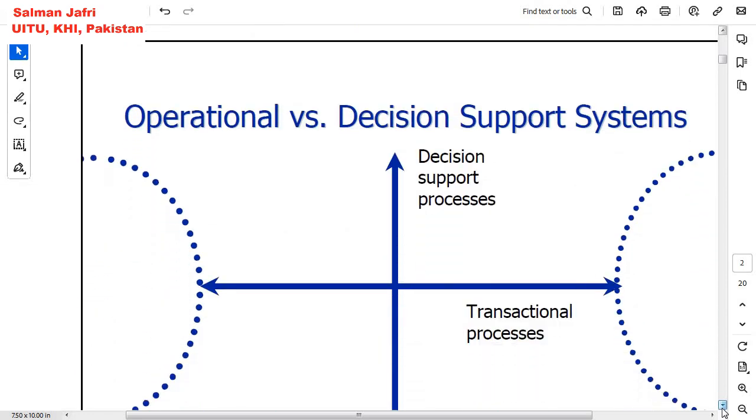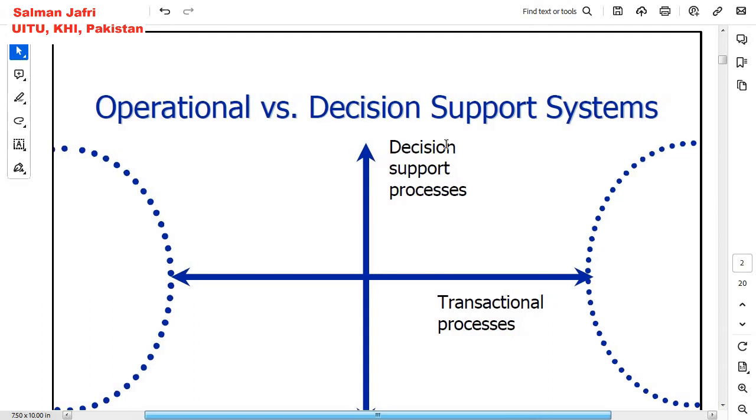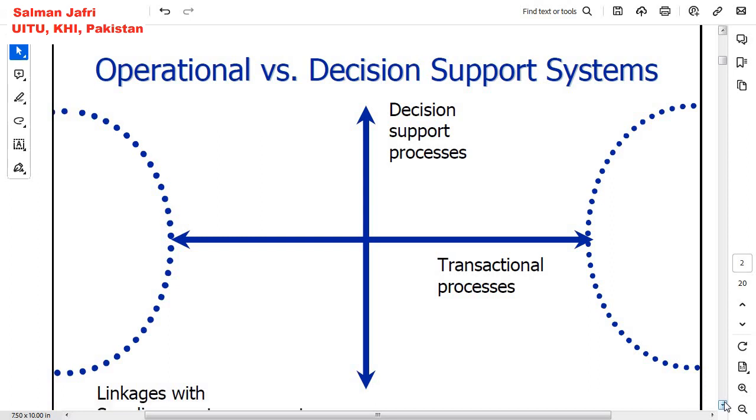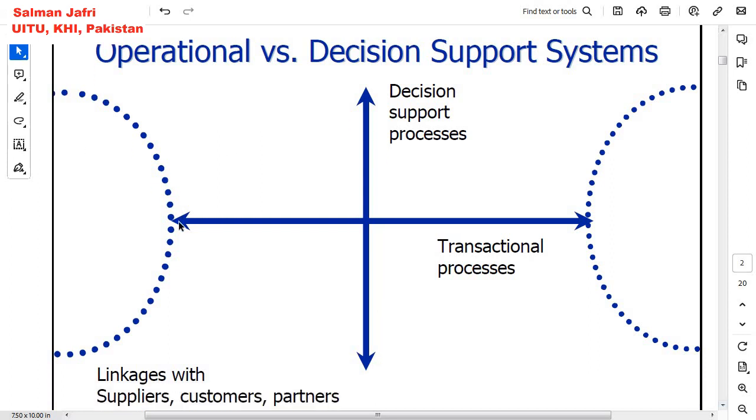So first of all, we'll take a look at basically the difference between operational versus decision support systems. Now, we have two kinds of systems: operational systems and decision support systems, right? So in operational systems, we are dealing with transactional processes or transactions between suppliers, customers and partners.